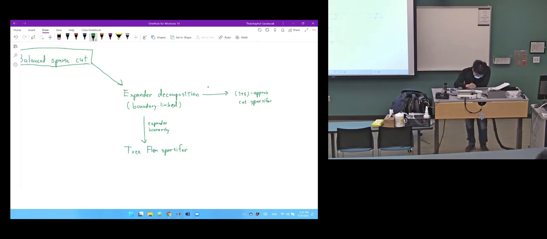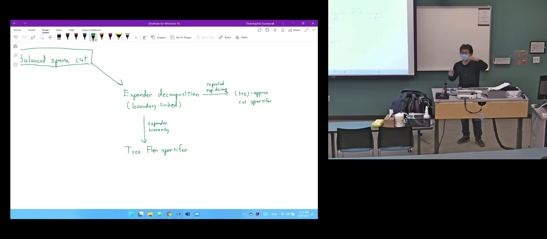How to do that is something like repeated expander decomposition. You get a bunch of expanders, and you know how to sparsify an expander easily.